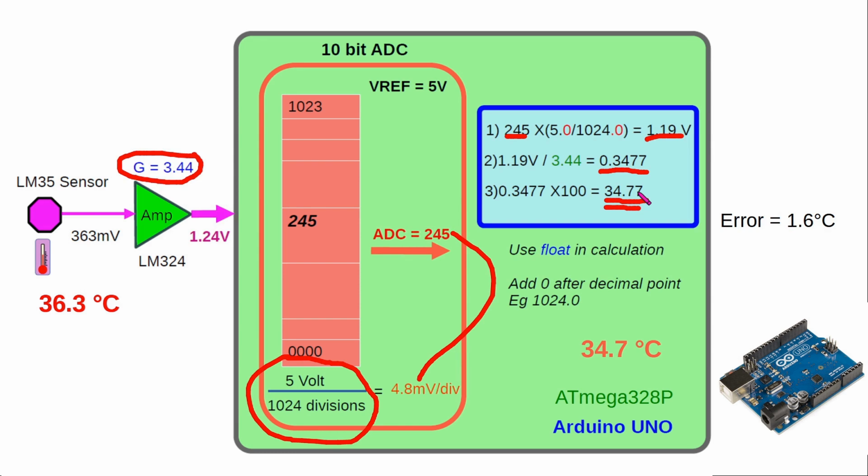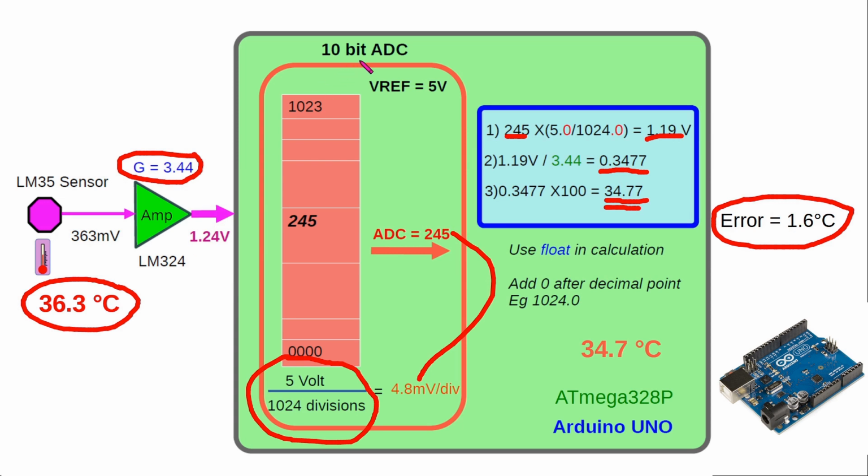That is due to the error in calculation, I mean the error in the system. Now there is a small error in the ADC and a small error in the Opamp. All these things add up, and we have an error of around 1.6 degrees Celsius between the value we are getting out of the ADC and the actual value. Now you can change that by using precision amplifiers or by using an ADC with more bits.